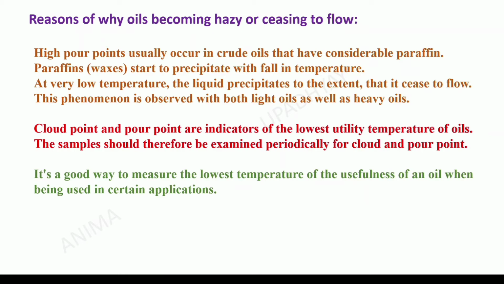So, the samples should be examined frequently before applying to any machine working under cold conditions for its cloud and pour point, as it's a good way to measure the lowest temperature of the usefulness of an oil when it is used under certain applications.